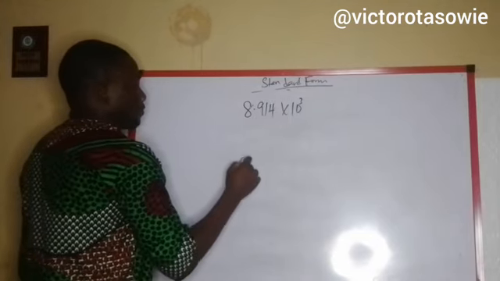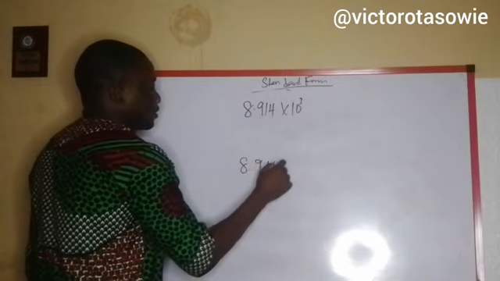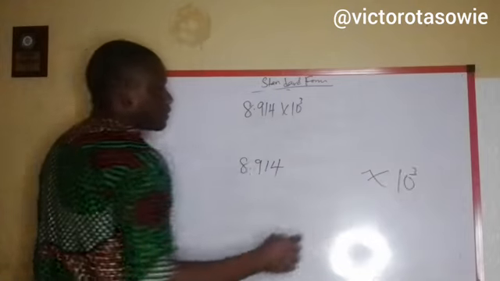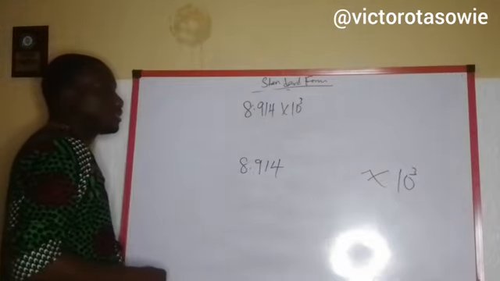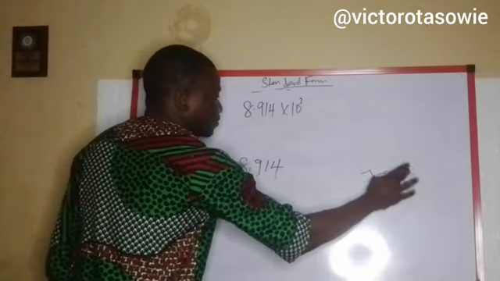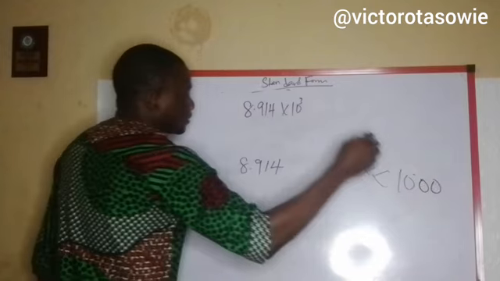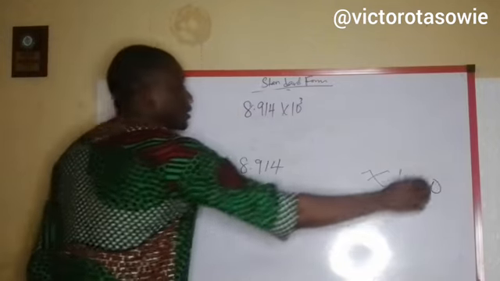Now we'll write this 8.914, because I usually show my students this method. We write times 10 raised to the power 3. Now I believe you know that 10 raised to the power 3 is 1000. So you remove this 10 raised to the power 3 and write 1000. Now we are going to be moving our decimal point.